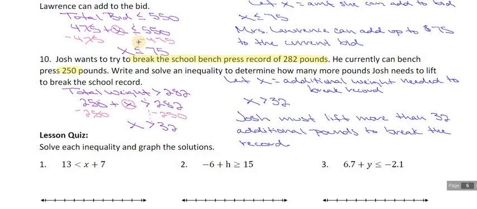So just kind of start thinking about our inequality solutions in a way that is a little bit more logical in how you would actually describe it. Okay, so more than 32 additional pounds is a very good way to describe it. But again, it could also be discussed as, okay, he's got to lift 33 or more additional pounds on top of that 250 that he's already benching.